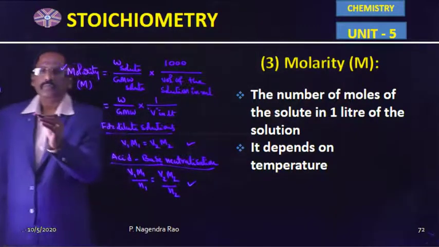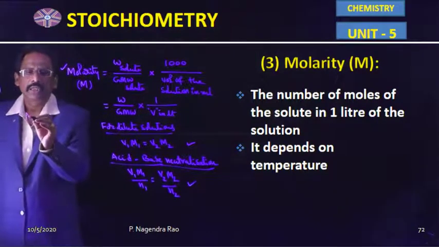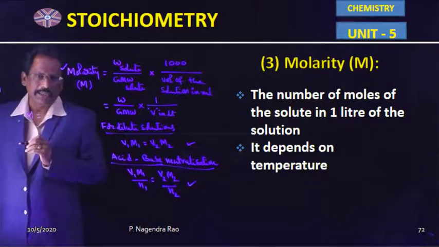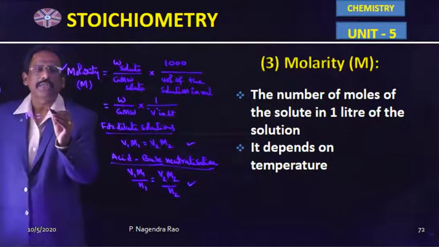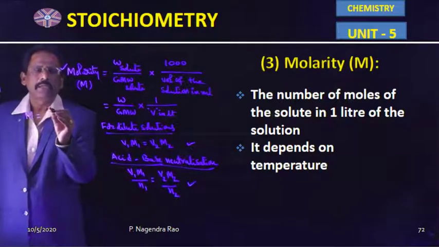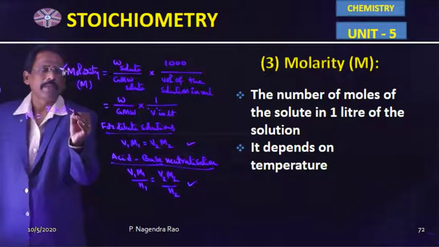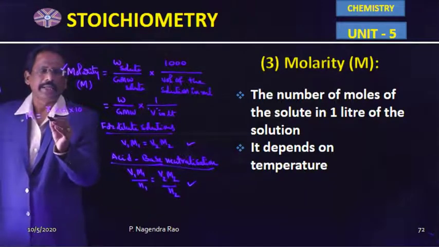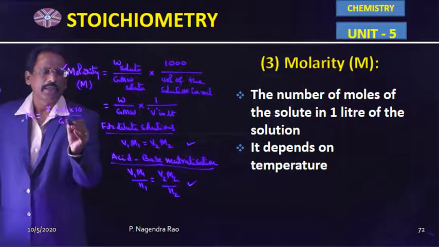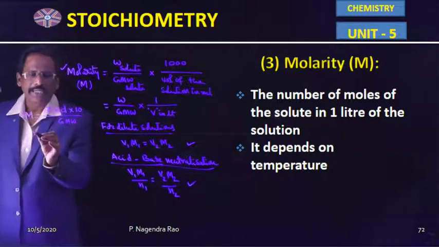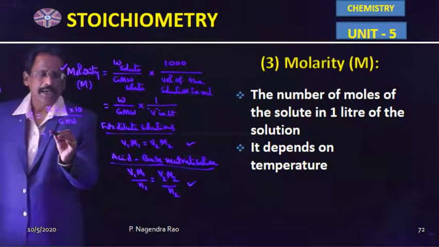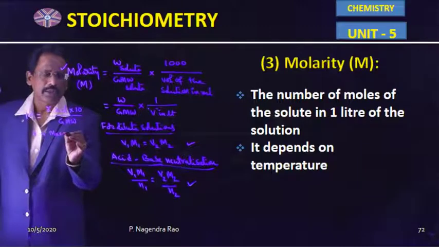Now, the other formula to calculate molarity of the solution is X into density into 10 divided by gram molecular weight, where X is the mass percentage of the solute.